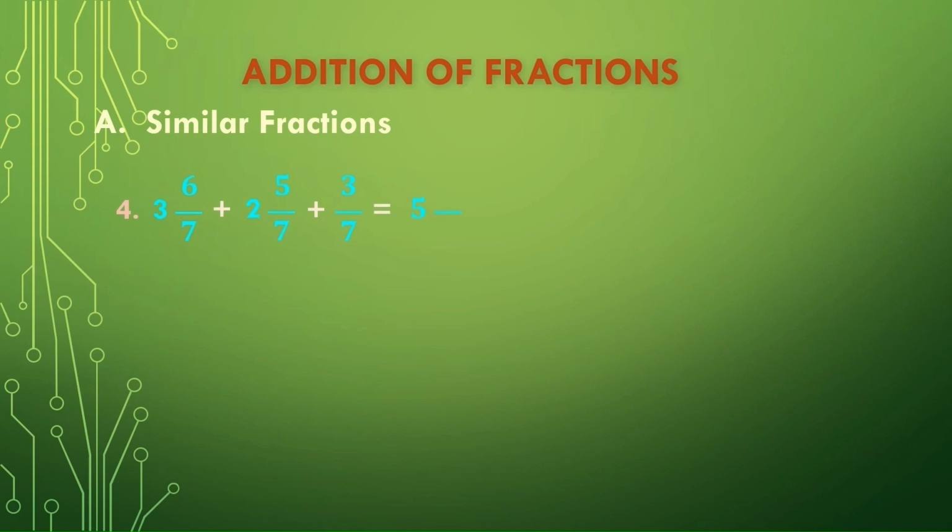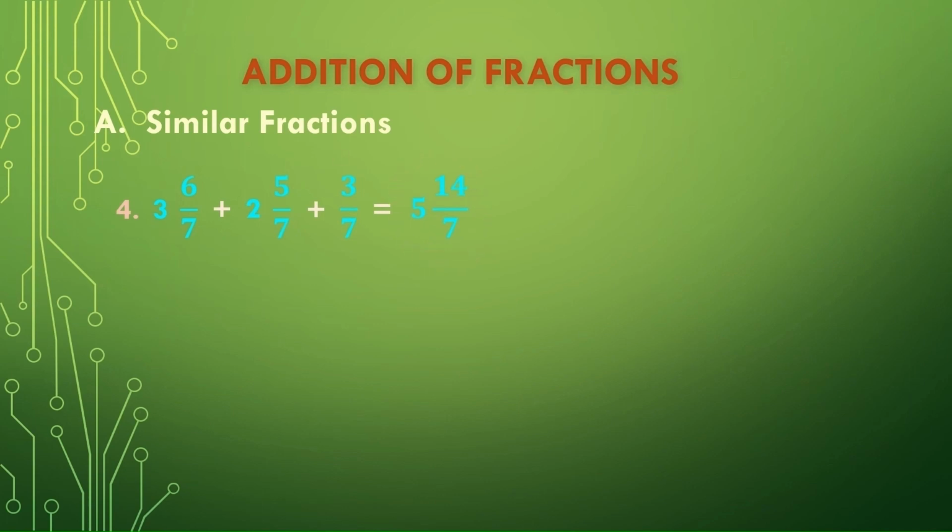Next, let's add the numerators. 6 plus 5 plus 3 is equal to 14. Then, let's copy the common denominator, which is 7. Our answer is 5 and 14/7, which is a mixed number.